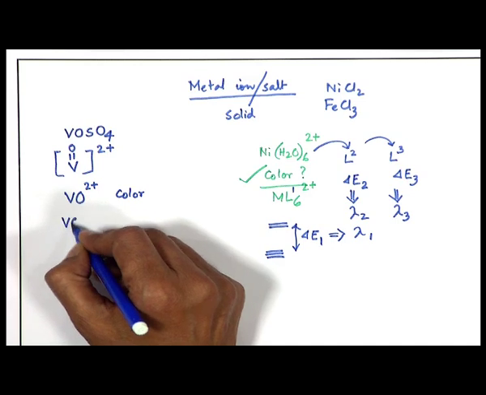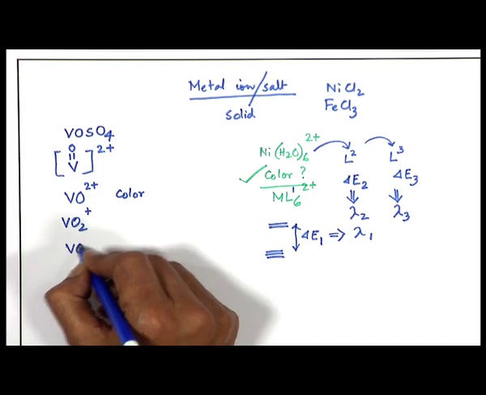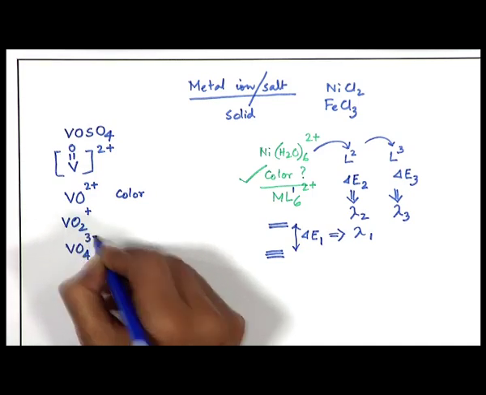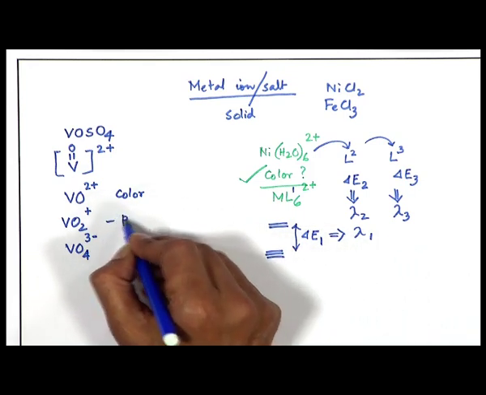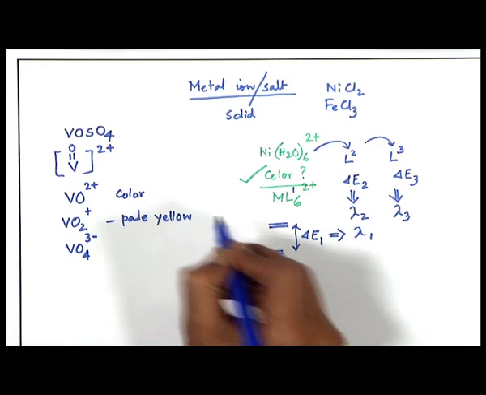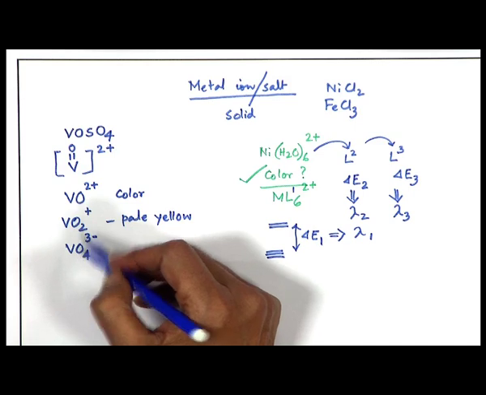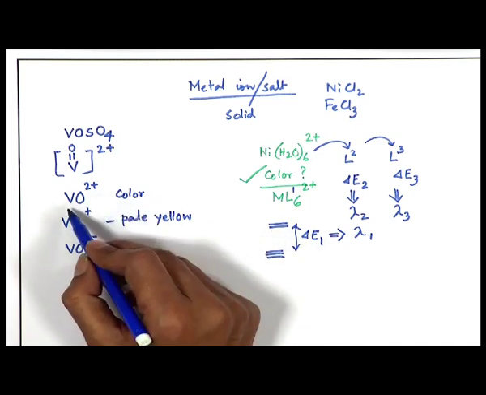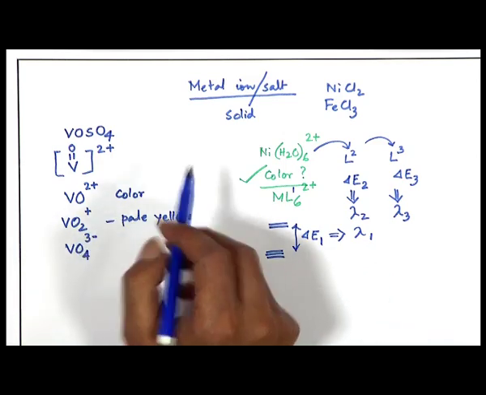Species like VO2+, which is a vanadium 5 species, and VO4 3-, which is also a vanadium 5 species, have a very pale yellow coloration. So, knowing these ionic colorations, we can find out whether the vanadium ion or the corresponding VO2+ species is present.